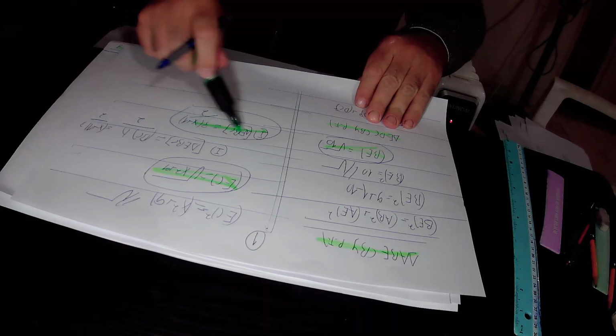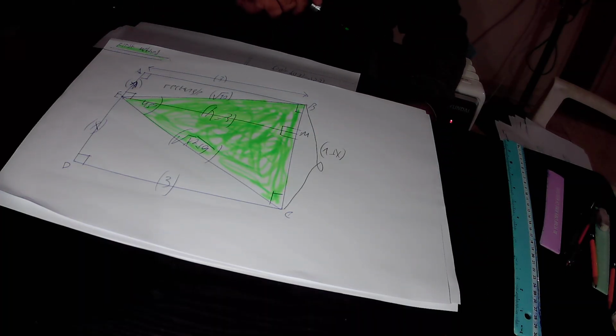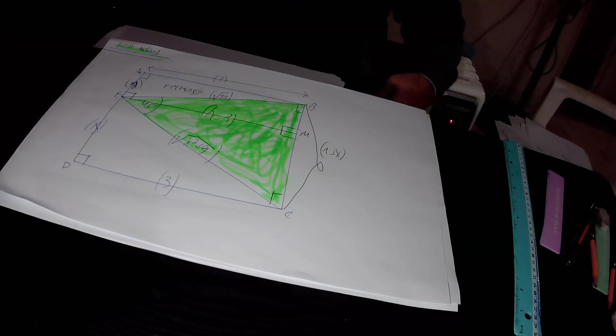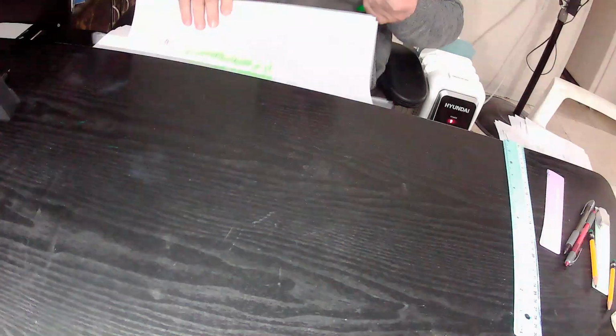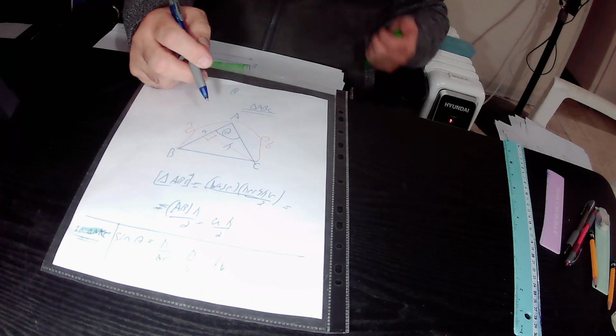In the next step, we calculate the area of this green triangle in a different way. This is triangle ABC that could be any triangle.